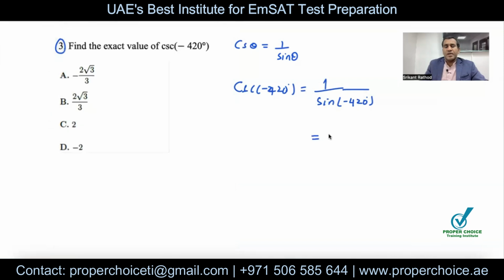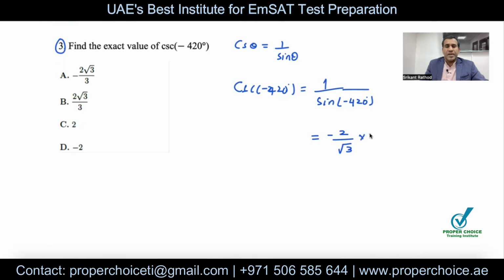This is going to be negative 2 by square root of 3. But if you look at the options, it doesn't match what I got, because the calculator is giving us a square root in the denominator, while in the representation we should get rid of the term with the square root in the denominator. For that reason, what should we do? We rationalize this term.